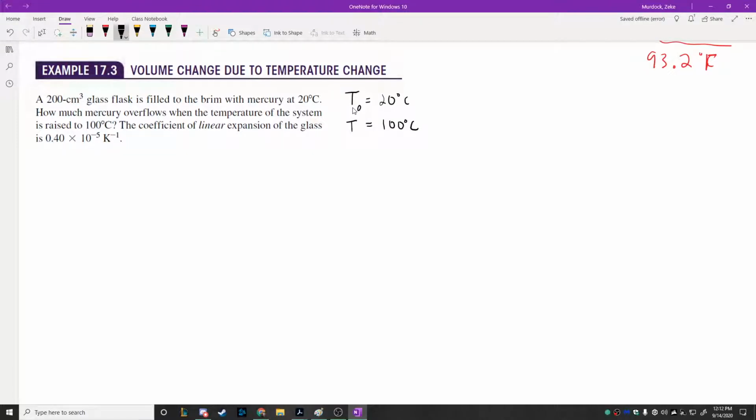And we're given the coefficient of linear expansion for the glass. And we're supposed to figure out how much mercury overflows.